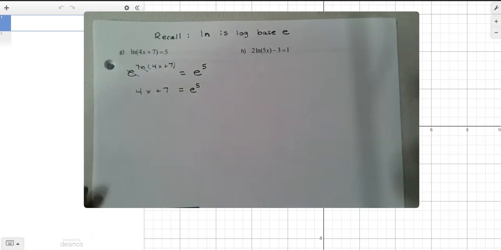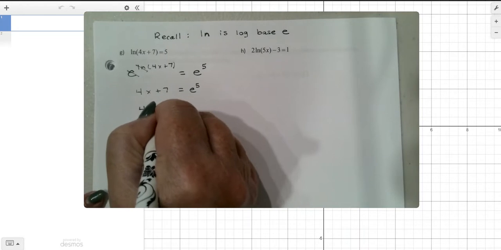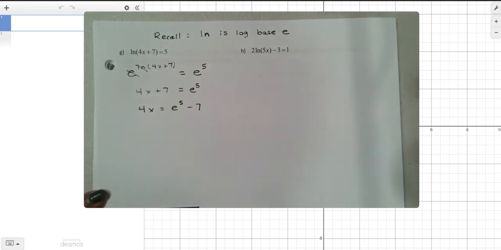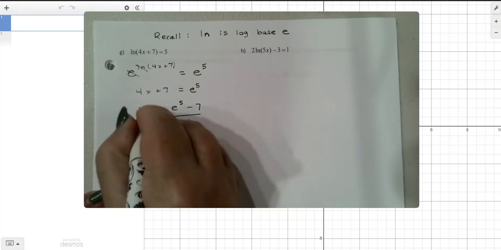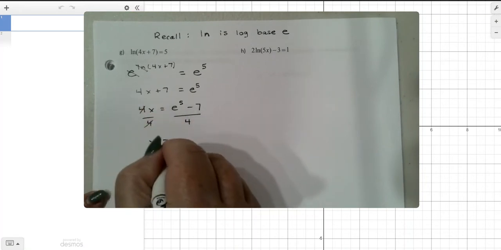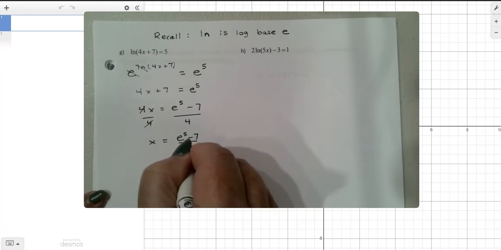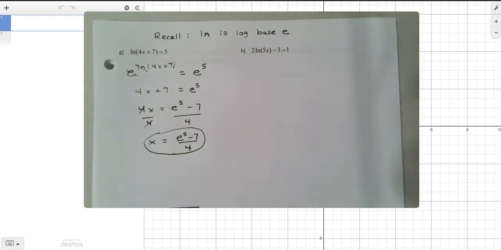If I do this, it's going to look like, subtract the 7, and then divide both sides by the 4. And if I want an exact answer, that's the best I can do. As soon as I try to evaluate e to the 5th, it becomes an approximate decimal.